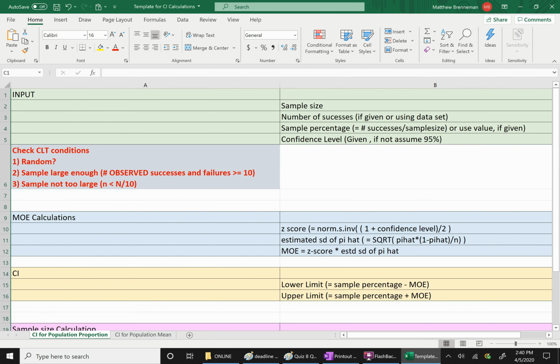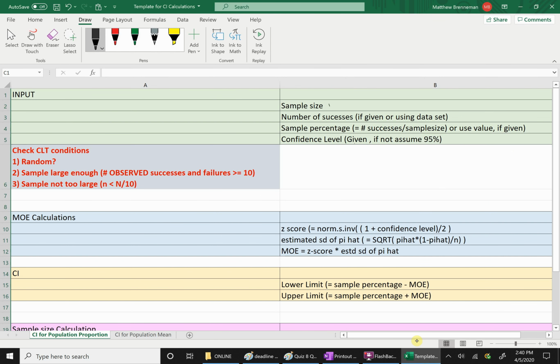Okay, so notice that when I did this template, this is what I had. The sample size, the confidence level, and sometimes you might be given the raw data. So here you're going to have to compute the number of successes, right? And then our sample percentage.